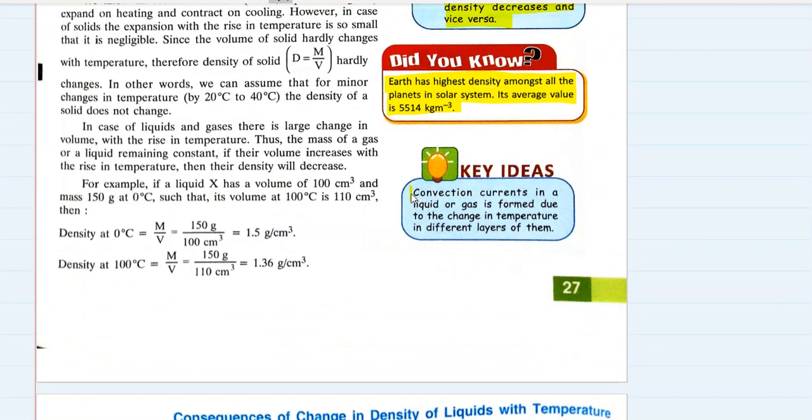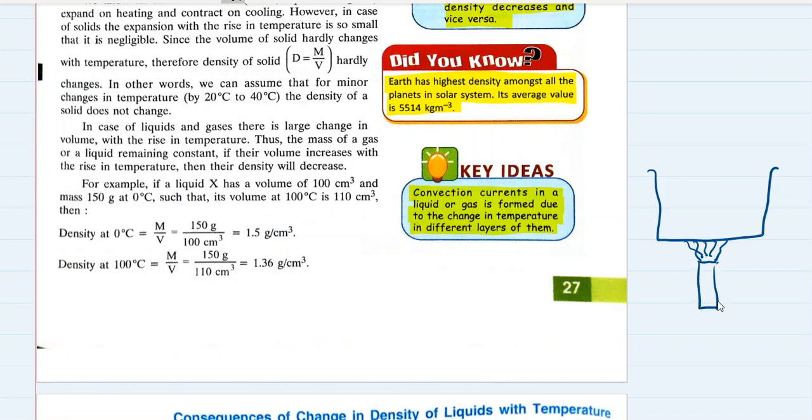Convection currents in a liquid or gas are formed due to change in temperature in different layers of them. Convection currents are very important properties of fluids, that is liquids and gases. Suppose you have a container in which you are heating some liquid.